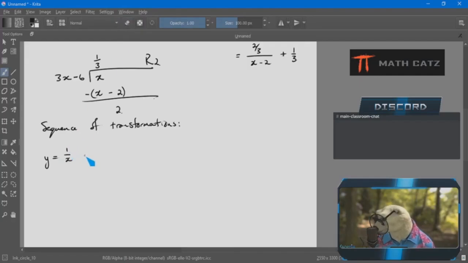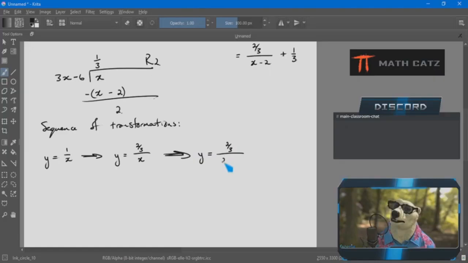Then I will go to stretching the graph, multiplying the right-hand side by 2/3, which I can put at the top. Then I will replace x with x minus 2. And lastly, I will take the right-hand side and add a third.